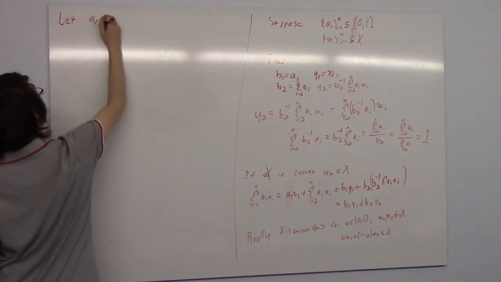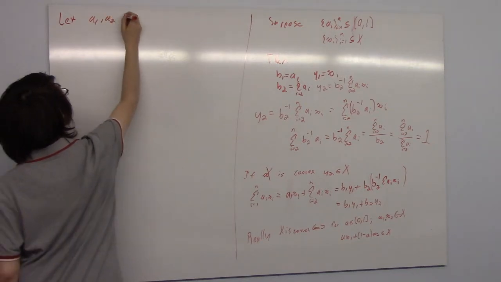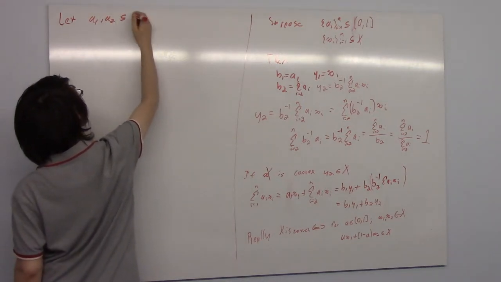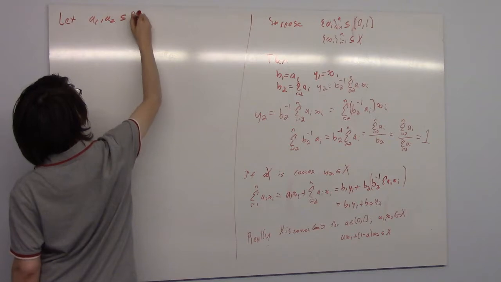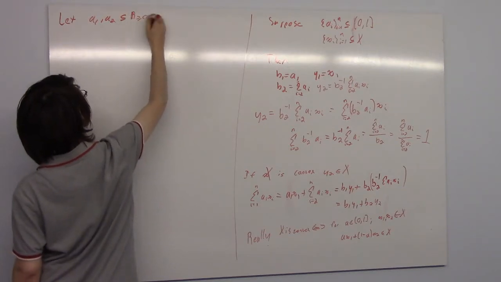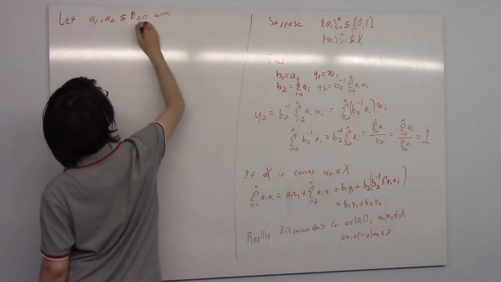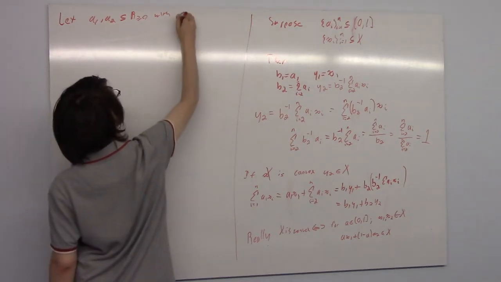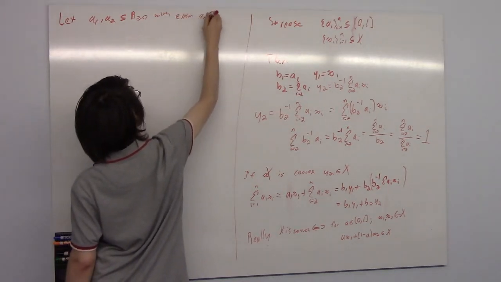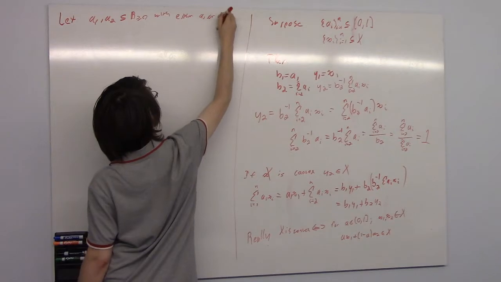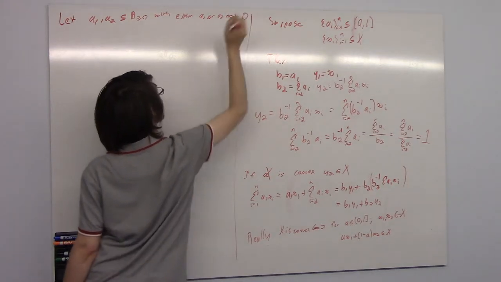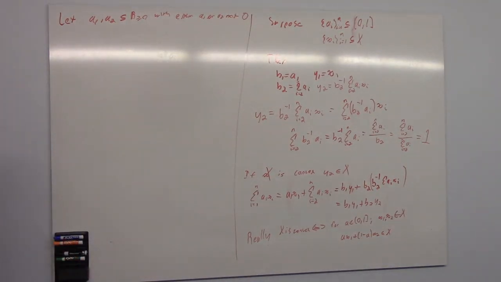Let A1, A2 be a subset of the reals greater than or equal to 0, with either A1 or A2 not 0. You'll see why I want that.